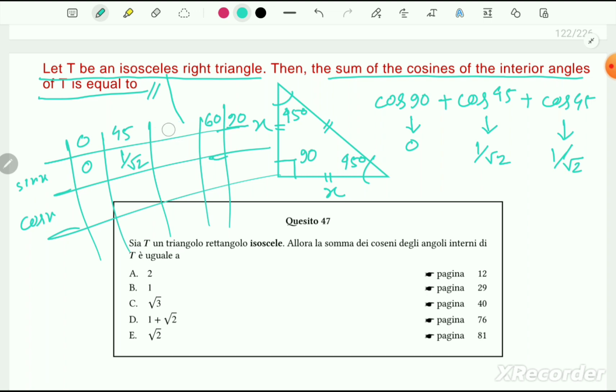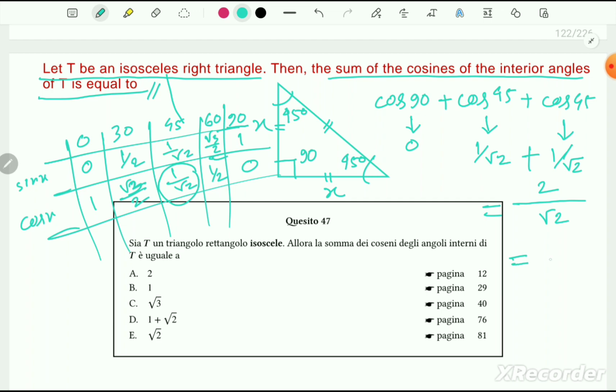Oh, I wrote here, I just wrote 30 degree, 45 degree, then it becomes 1 by 2, 1 by root 2, sin 60, root 3 by 2, 0, 1, and cos x, it would be just reverse, 1, root 3 by 2, then 1 by root 2 is the same, half and 0. So cos x actually 1 by root 2. So if we sum these two values, then it becomes root 2.